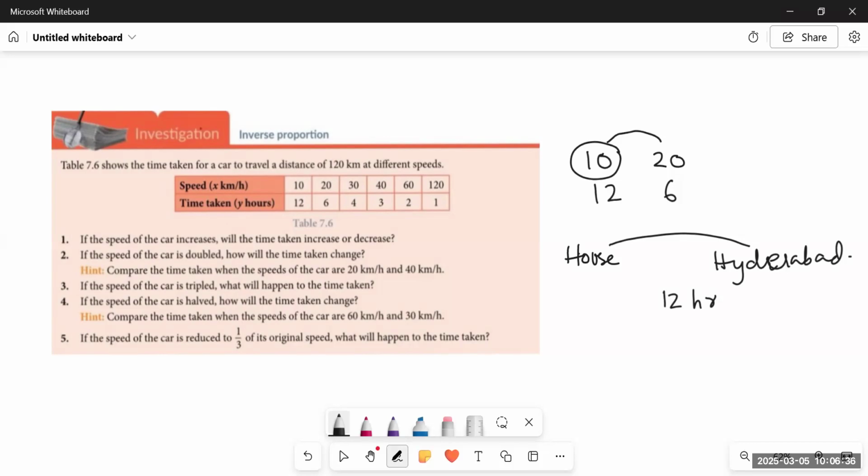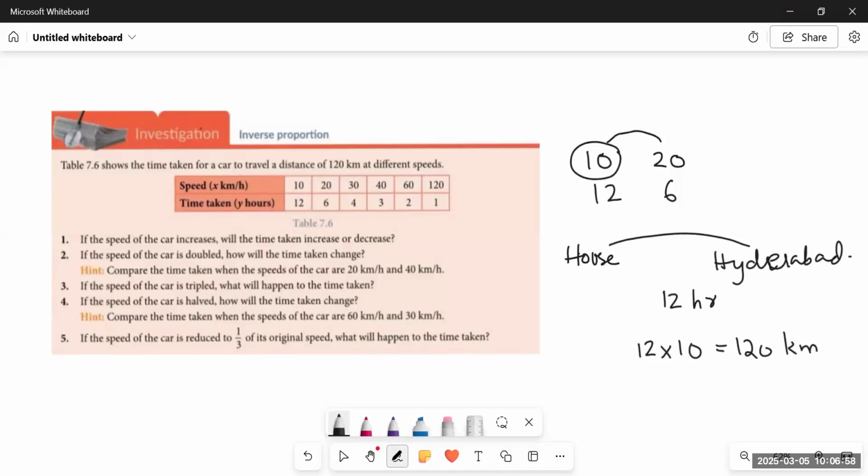So it means that the total distance would have been 12 multiplied by 10, which is 120 kilometers. That is, I have to travel 120 kilometers. And this 120 kilometers would be covered in 12 hours if I'm going at a speed of 10 kilometers per hour.